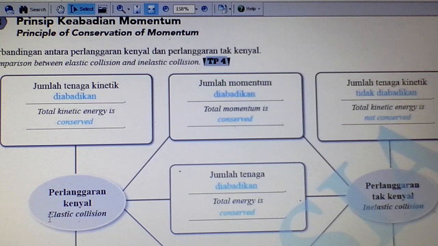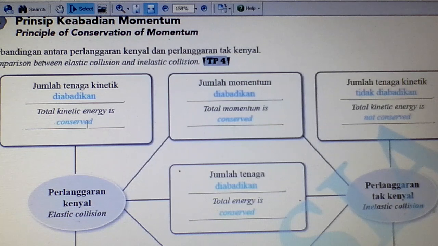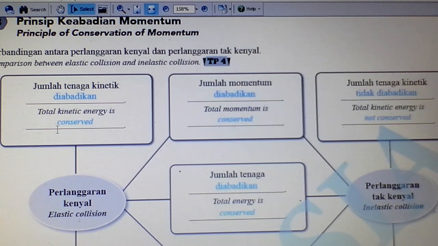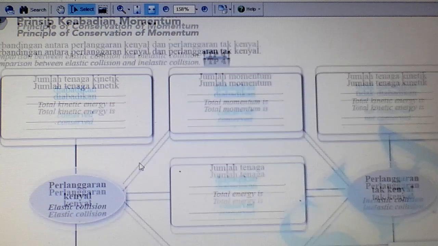So we have elastic collision. Total kinetic energy is conserved, meaning when you calculate the total kinetic energy of both objects before and after, the total remains unchanged. So we call it conserved. Total momentum is conserved. Total energy is conserved.